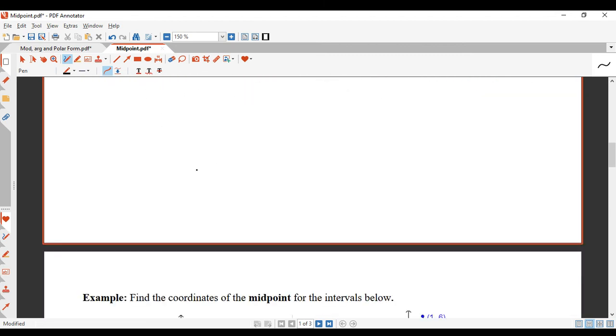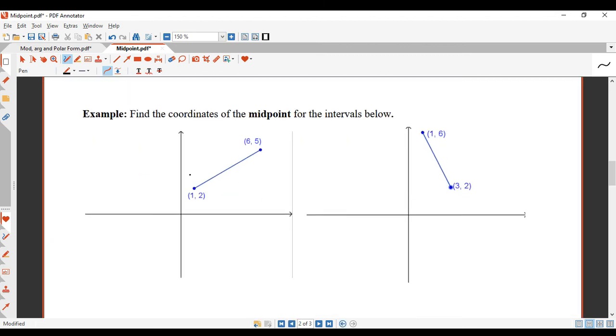All right, so let's apply it to an example. Here we go. I want to find the midpoint, the point right in the middle of the interval. So capital M for midpoint. I'm just going to get the x values, 1 and 6, add those together, divide by 2.